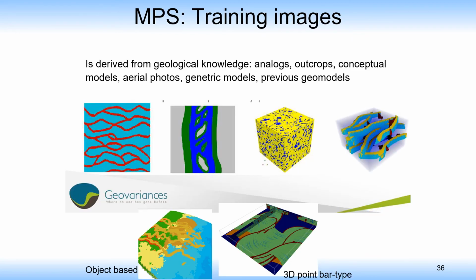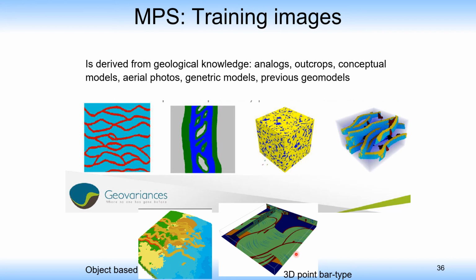And training images can come from many sources. This is a very commonly shown Strebelle model. This is another kind of image. Here's a micro model, fractures, or an object model used as a training image. And here's a surface-based model.